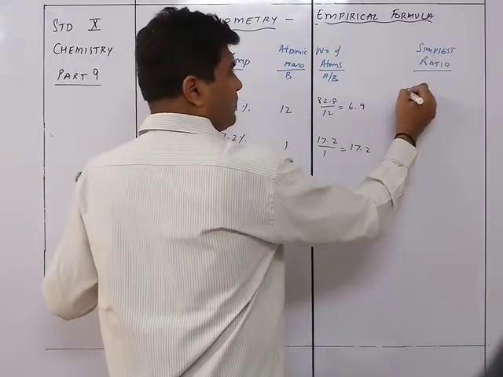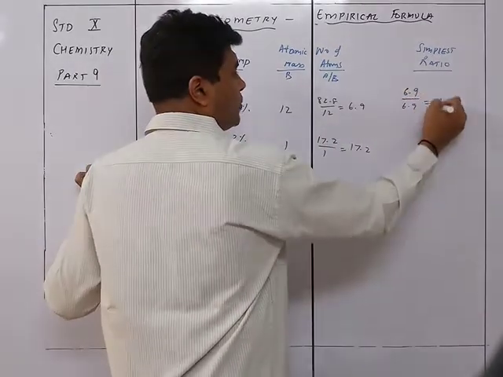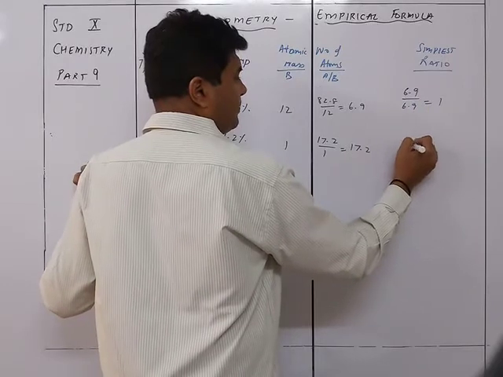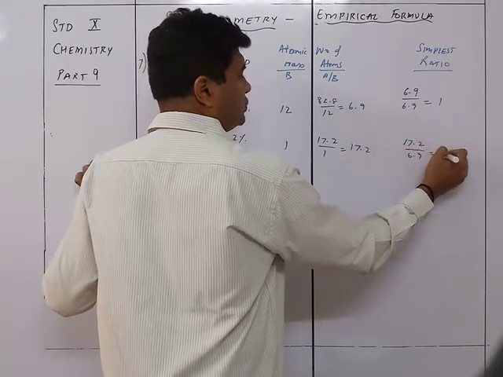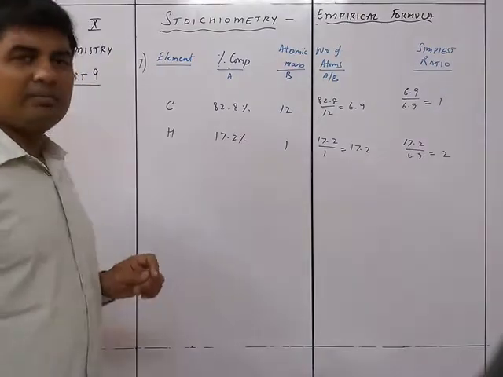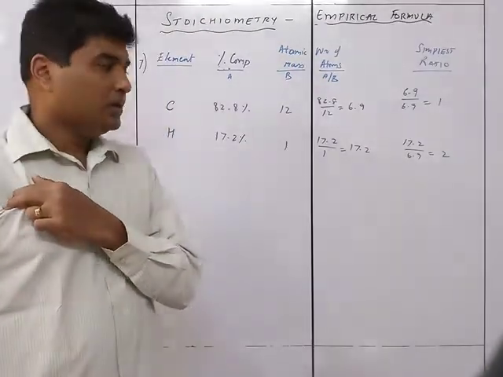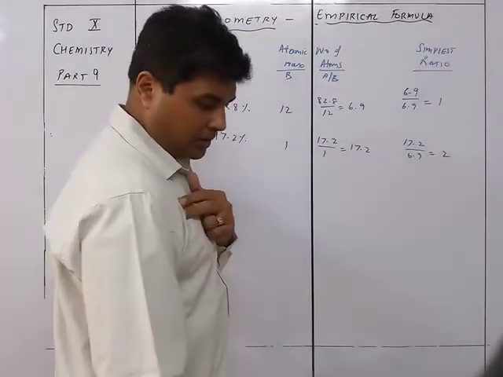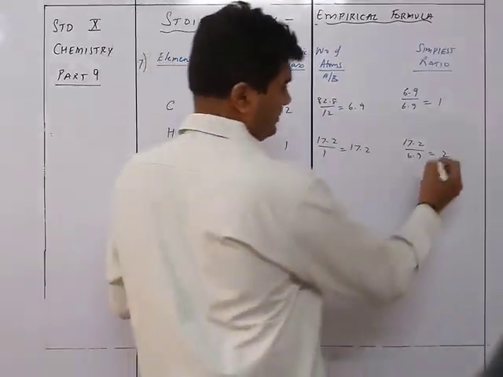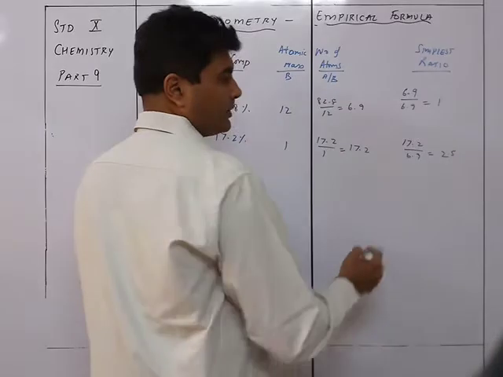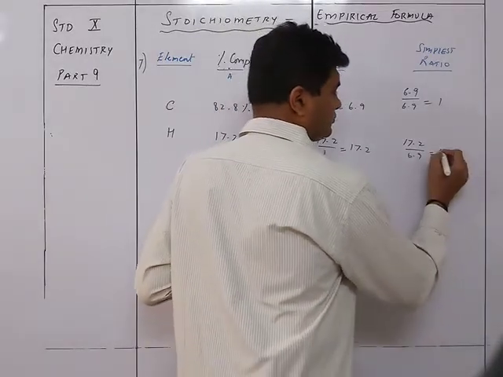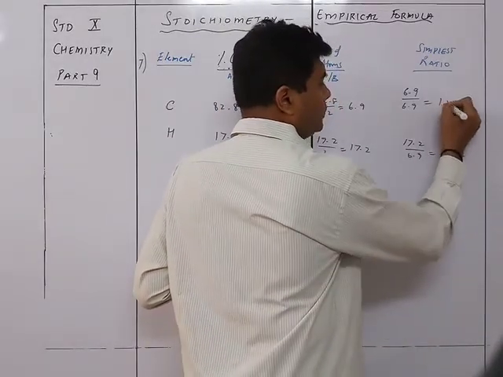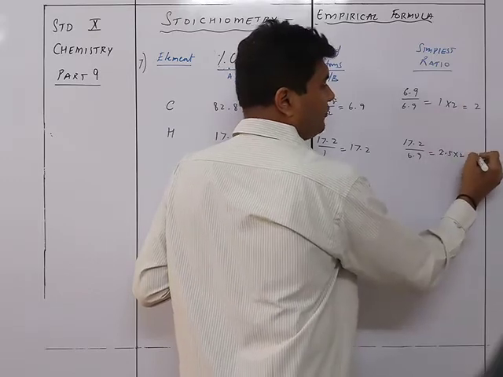So this will be 6.9 upon 6.9 equals 1, and 17.2 upon 6.9 is approximately 2.5. So into 2, this will be 2 and this will be 5.